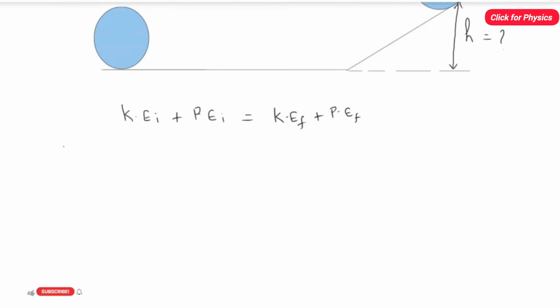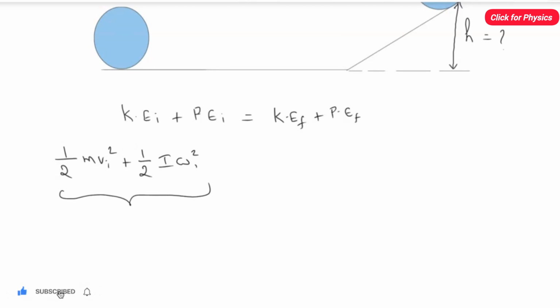We studied the formula: half m v_i square, because this is for the translational kinetic energy, and then we have to use the rotational kinetic energy also, so half I omega_i square. So this is for the kinetic energy initial.